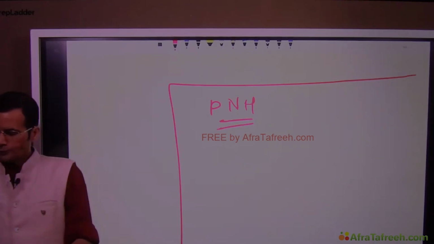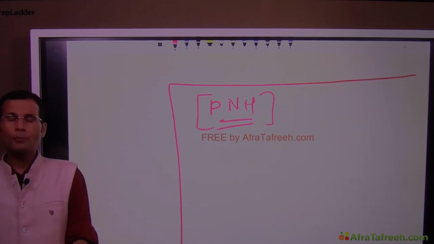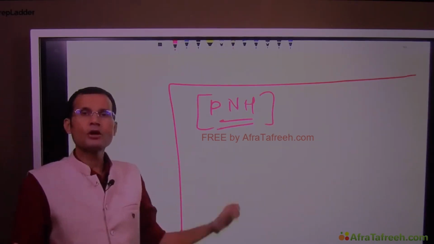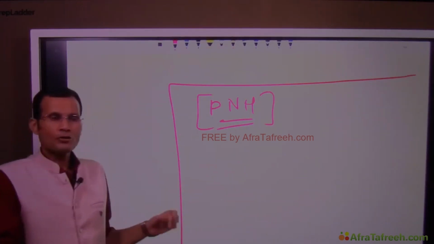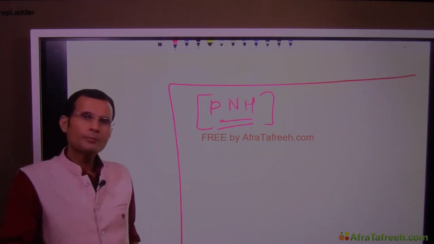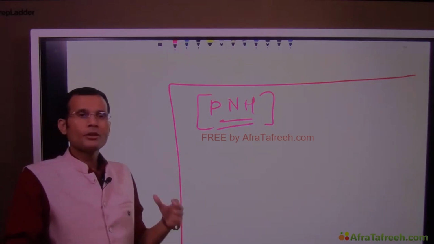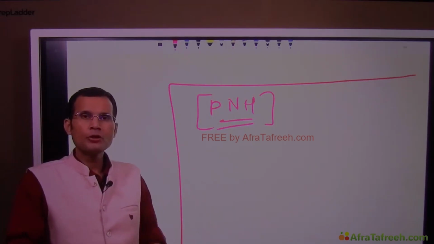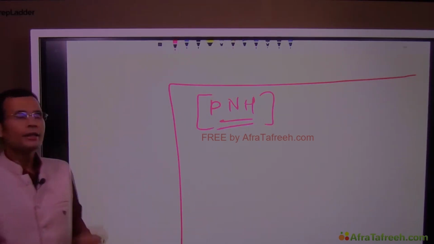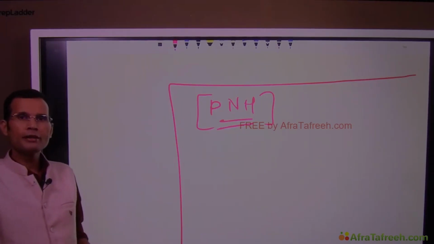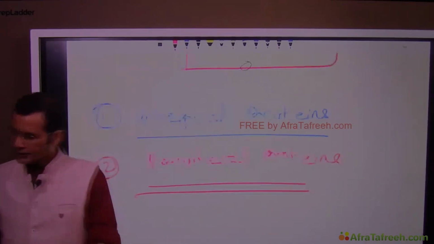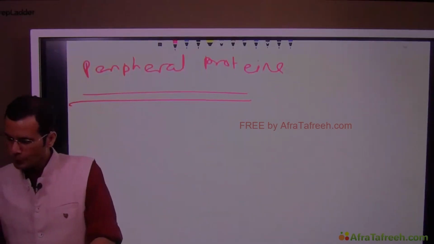So what is your diagnosis, probable diagnosis? Paroxysmal nocturnal hemoglobinuria. The MCQ was: paroxysmal nocturnal hemoglobinuria occurs from defect of which type of membrane protein? And the options are integral protein, peripheral protein, GPI linked protein, or integrins. The answer is the one which I am about to mention.